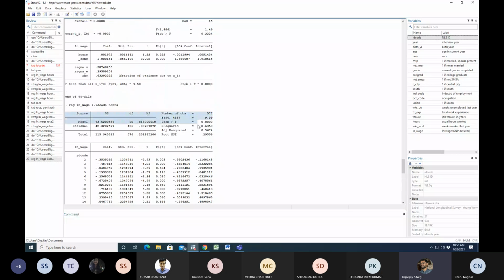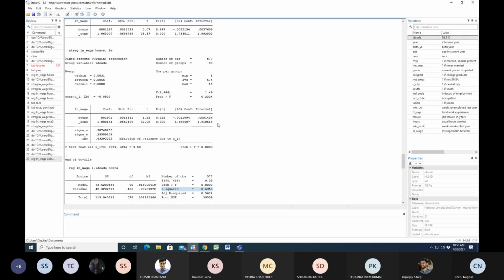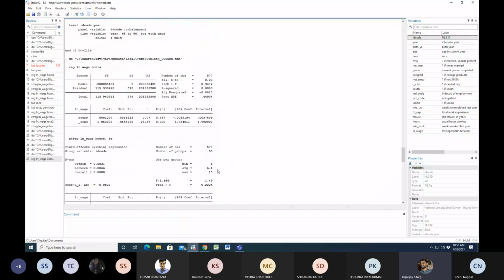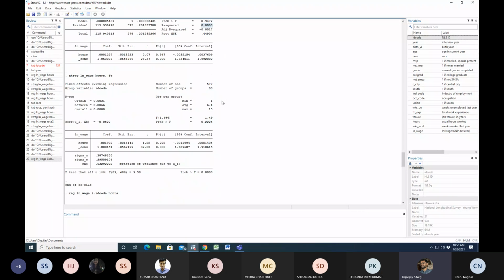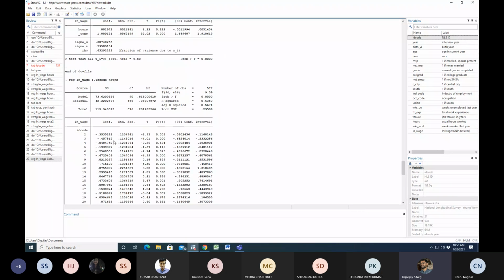Same as before, this is the output that we have. F-stat. Notice the R square now. R square is 0.63, whereas in a simple regression without those dummy variables, the R square was almost zero, nothing. So with fixed effects, with all these dummy variables, the R square has jumped quite a lot.